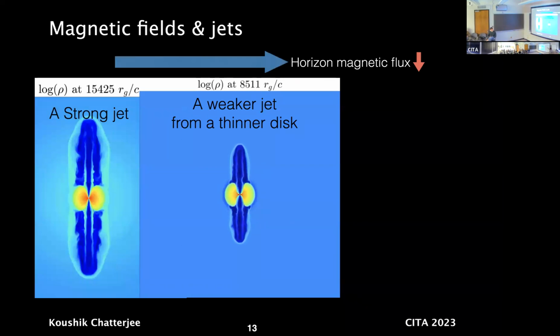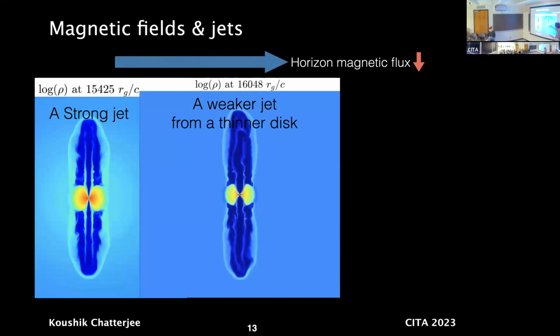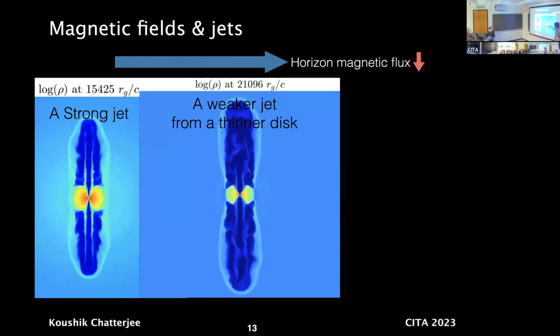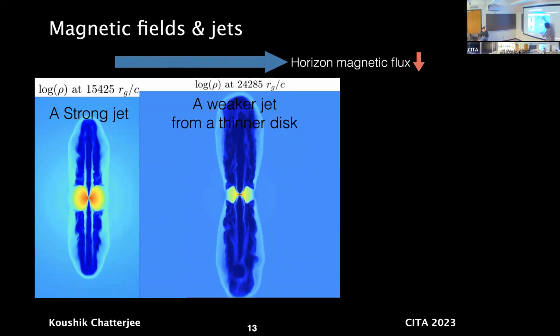Now, what happens if you reduce the horizon magnetic flux? So, for example, over here, I'm cooling down the disk, and the amount of magnetic flux in the black hole magnetosphere goes down, and that reduces the jet power actually. And so you see that the jet is more wavy over here. It sort of breaks down a little bit, but it's still intact.